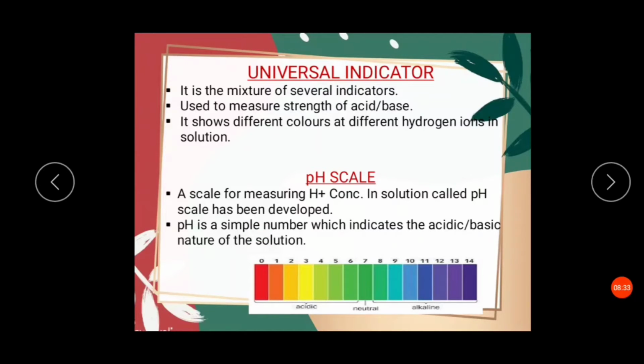As we move down from 0 to 7, the strength of the acid keeps on decreasing. So 0 or 1 indicate a strong acid, then it moves further to the weaker acid. Now 8, 9, 10 will show a weak base. 14 is the strongest base. Okay, so this is the pH scale, and here we can identify whether it is a strong acid or weak acid, strong base or weak base.